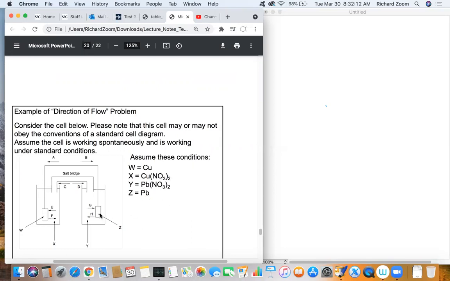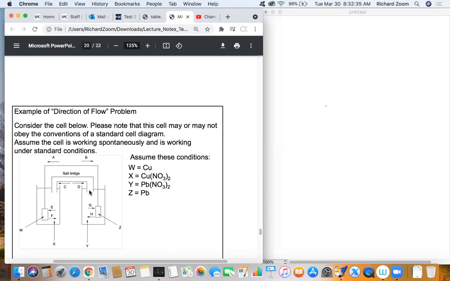Then you've got lead, which is the Z over here, this other block, which is in a solution of lead nitrate, which is Pb2+. So you have copper in copper 2+ and Pb in Pb2+. So those are the things that are interacting. Through this wire, we have electrons flowing.